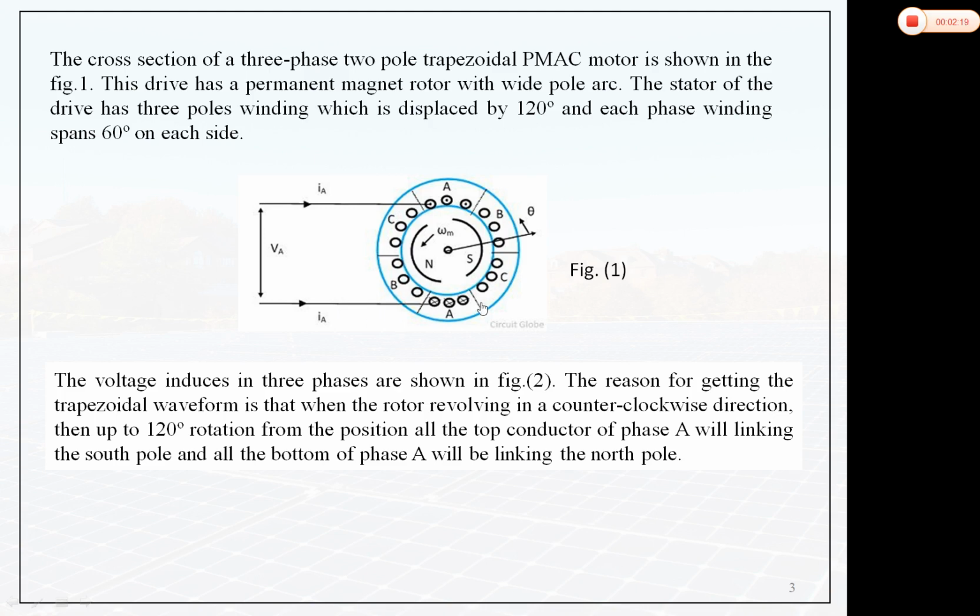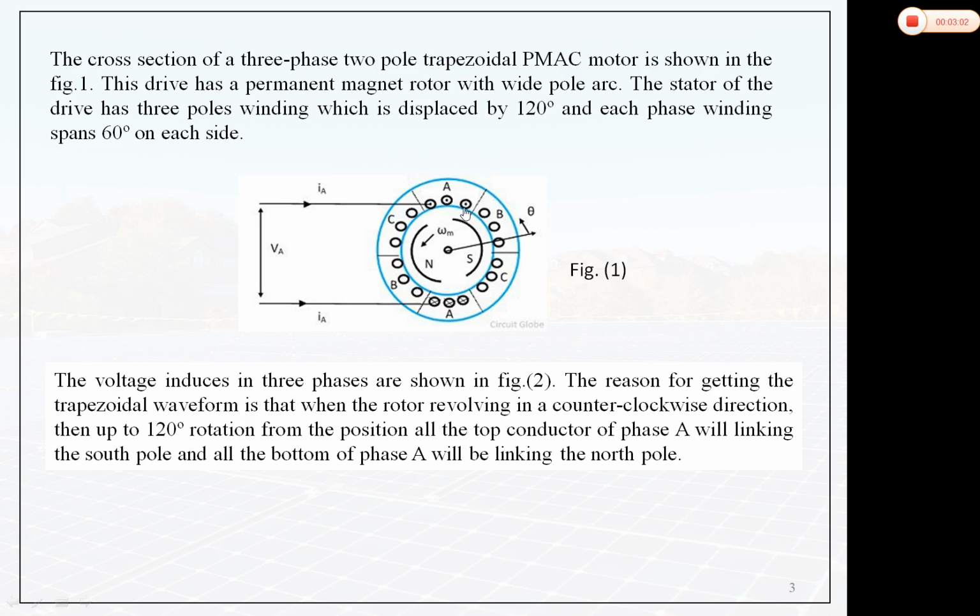When the rotor is moving in the anti-clockwise direction, the rotor poles align with one phase. For example, if we choose phase A, for some time period the south pole will occupy the phase A winding conductors, and they will induce a voltage of some polarity. Then the north pole will occupy these conductors, and the voltage of the other polarity will be induced.